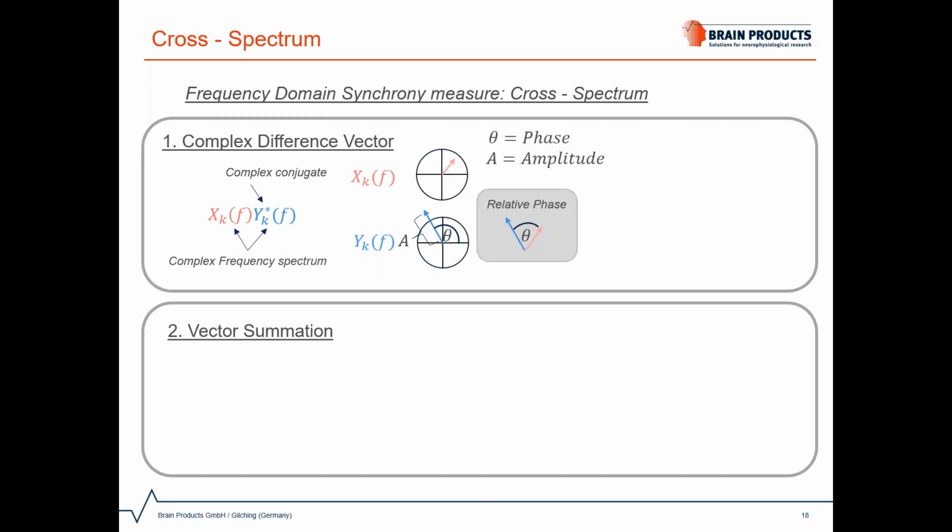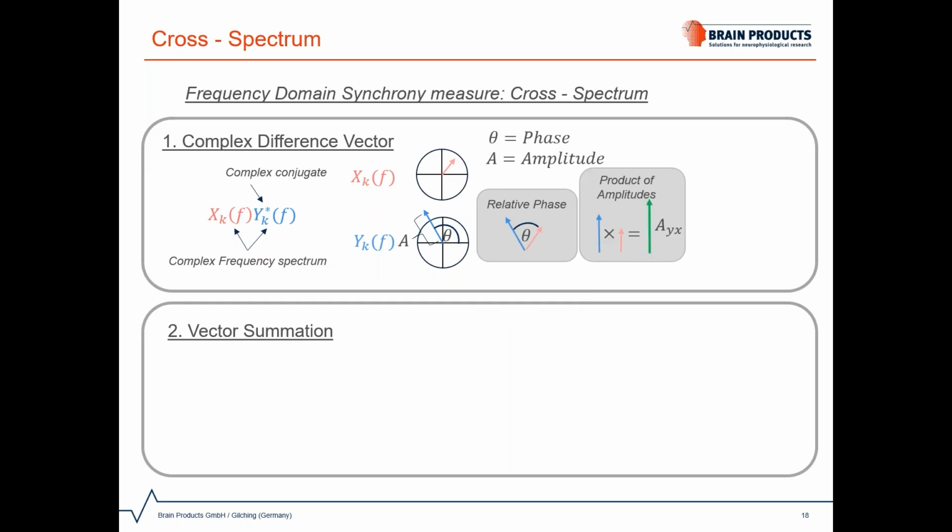Now, to compute the difference vector, the phase difference, which is also called the relative phase, is computed. This is simply the subtraction of the two phases and yields an angle that lies between the two vectors. Note that this difference corresponds directly to the time lag between two oscillations.